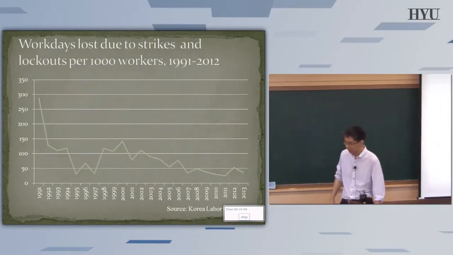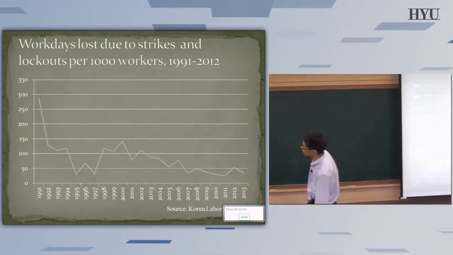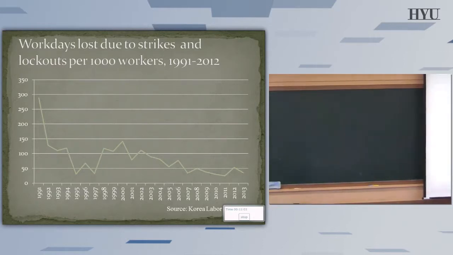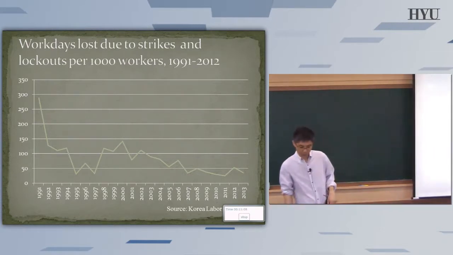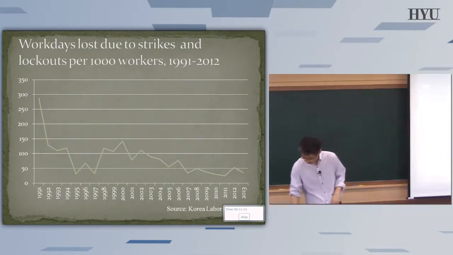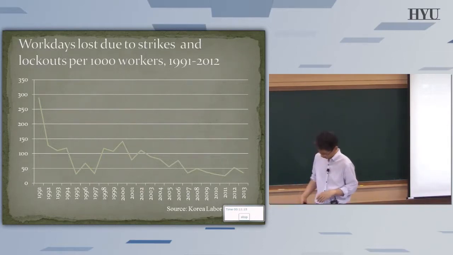Now let's look at simple statistics about strikes in Korea. This shows the work days lost due to strikes and lockouts per 1,000 workers. So this basically shows how strong strike activity was in Korea.